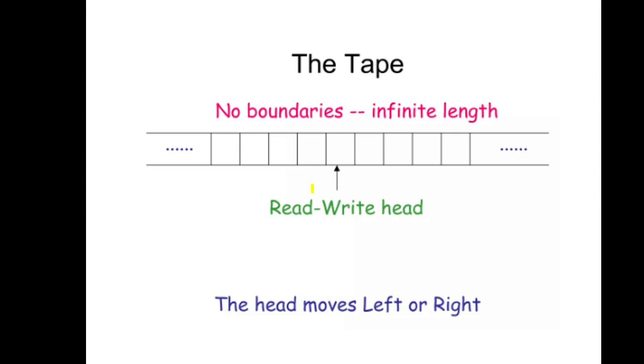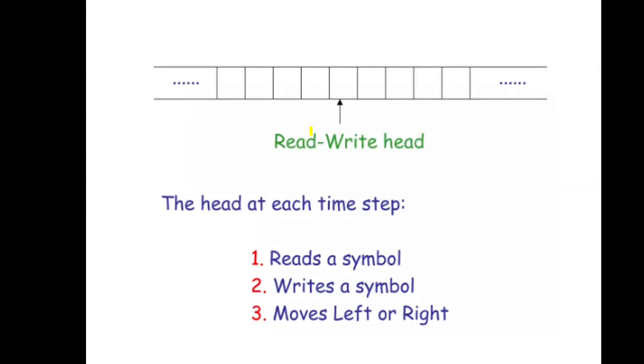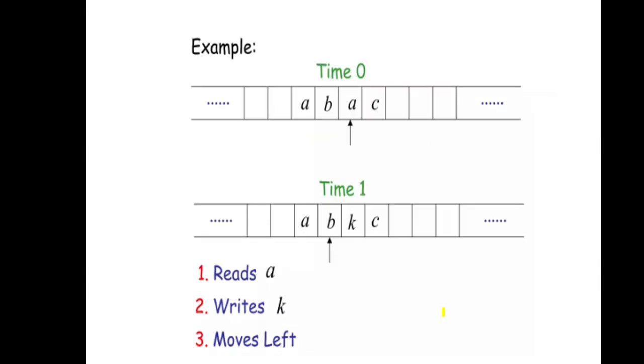So this is the process of the read write head. At each time step, it reads a symbol, writes a symbol to the input tape, and moves left or right. This is the process of the read write head in the Turing machine.